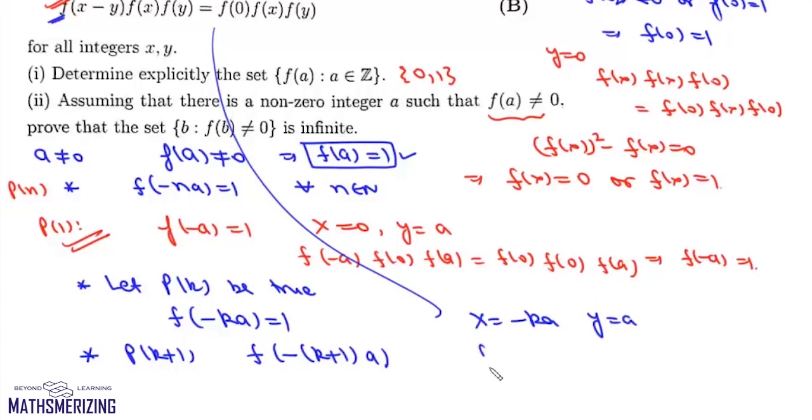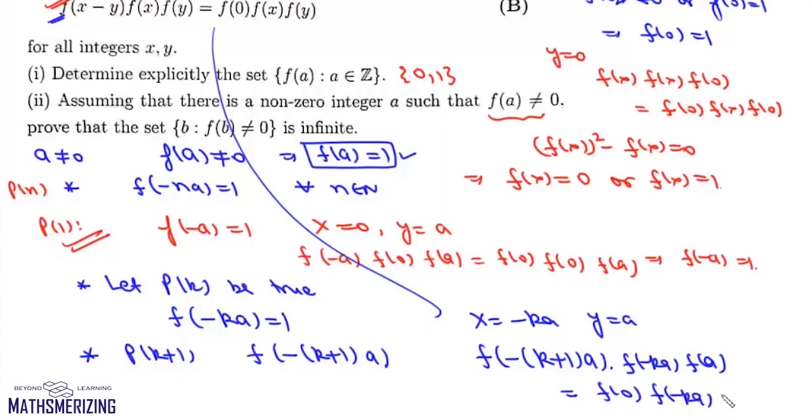We can write f of minus k plus 1 a into f of minus ka into fa will be equal to f0 into f of minus ka into fa. Now f of minus ka is 1, fa is 1. So from here we can say f of minus k plus 1 a is also 1.